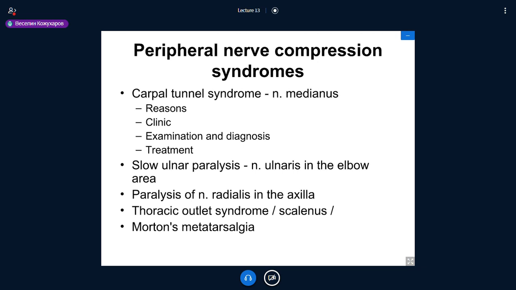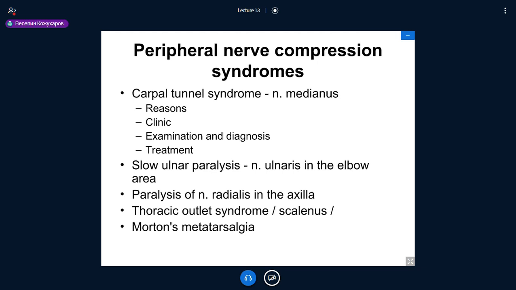We could observe slowing or absence of the radial pulse, because together with the brachial plexus comes the subclavian artery, and this position of the hand will increase the compression.